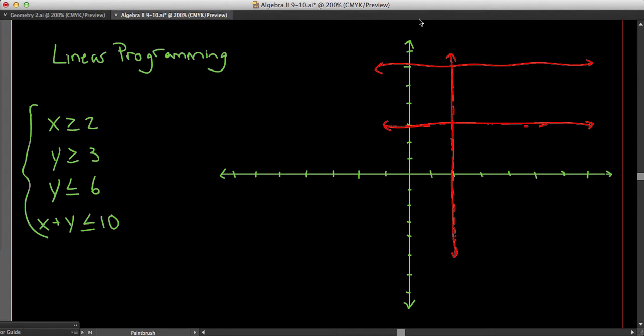So I know that this is going to intersect at a point of 4, 6. So I can go 1, 2, 3, 4, and then up to 6 and make a point. And then I can go down 1 and to the right 1, down 1 and to the right 1, down 1 and to the right 1, and then connect these points.